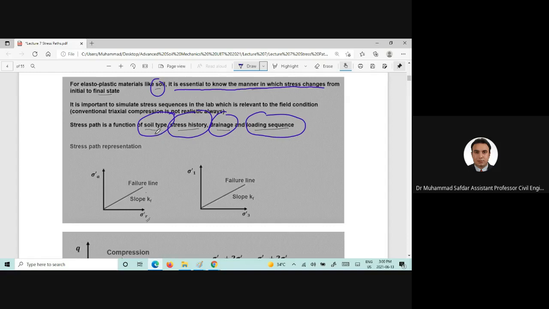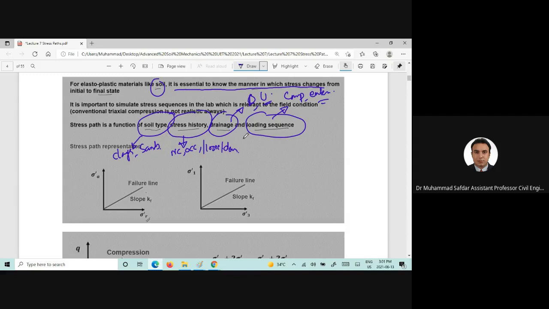For example, if we take the soil type, for clays, for sands, for example, for normally consolidated clay, over consolidated clays, or even for loose sands, dense sands, the drainage condition is drained condition or it's undrained condition, loading sequence, which is compression or extension.